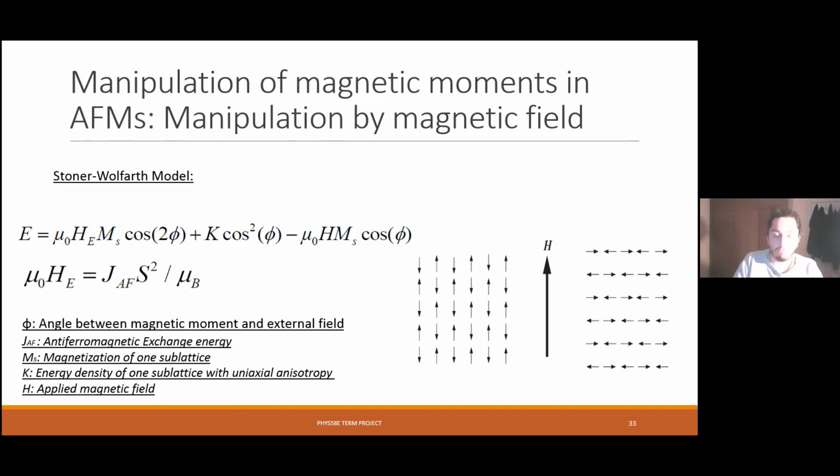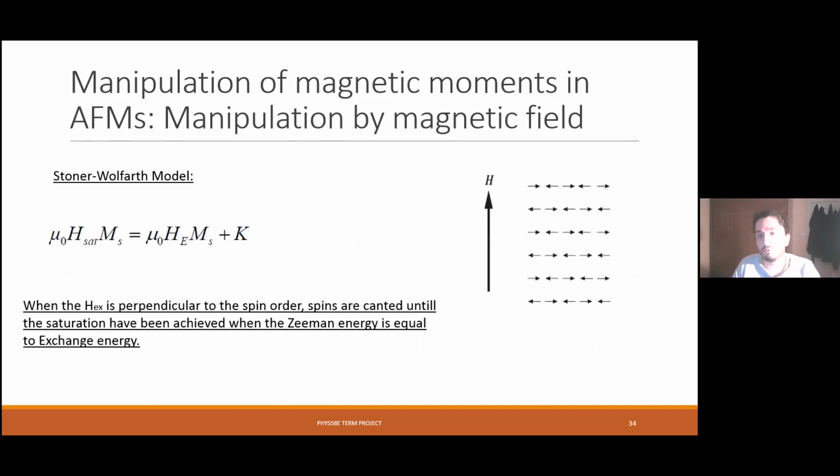Phi is the angle between the magnetic moment and the external field. J_AF is the antiferromagnetic exchange energy, and the magnetization of one sublattice is represented as M_S. K is the energy density of one sublattice with uniaxial anisotropy, and H is the applied magnetic field.